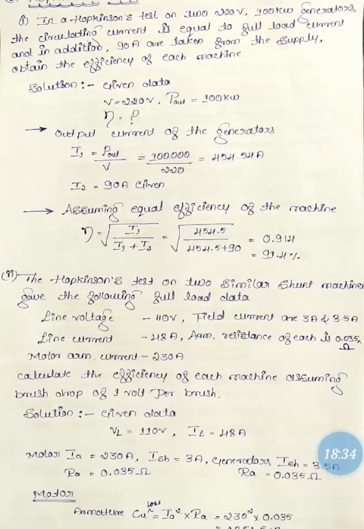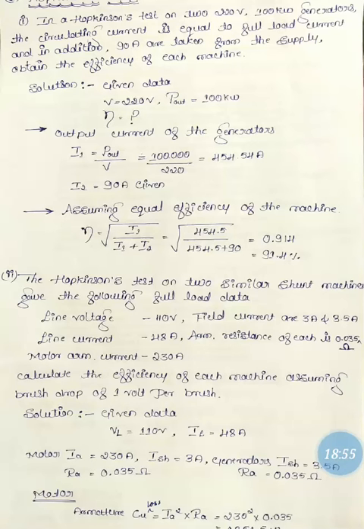Assuming equal efficiency of the machines, by this formula, that is eta is equal to square root of I1 divided by I1 plus I2, we can calculate the efficiency of the entire machine.